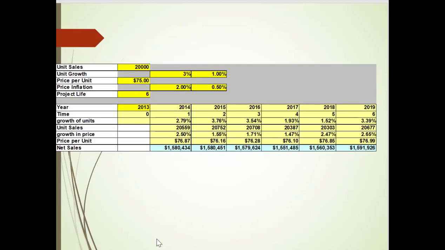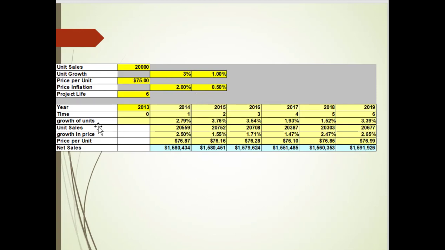So what does this look like in a spreadsheet? So here we can see this is the comprehensive project analysis worksheet. We have our units, price per units. Then we have our statistical numbers.